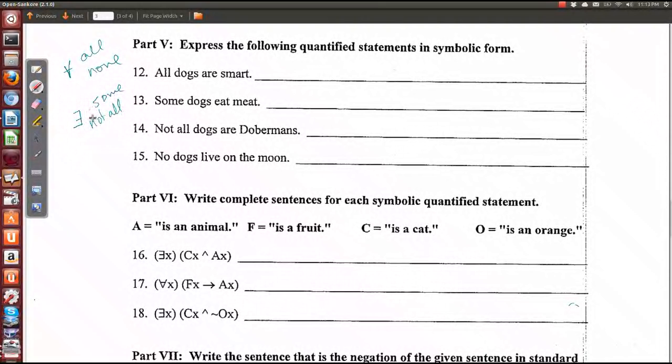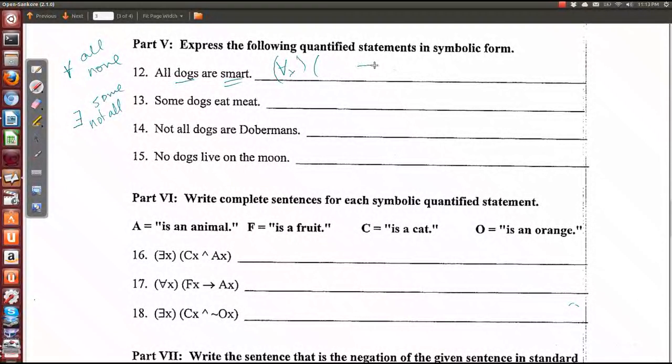So when I'm dealing with all or none situations, I want to use the universal. So when I say all dogs are smart, I'm going to use the universal X. And what I'm really saying is if it's a dog, then it's smart.